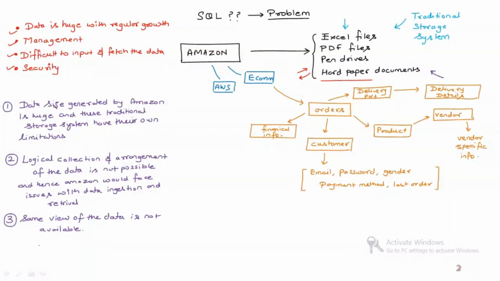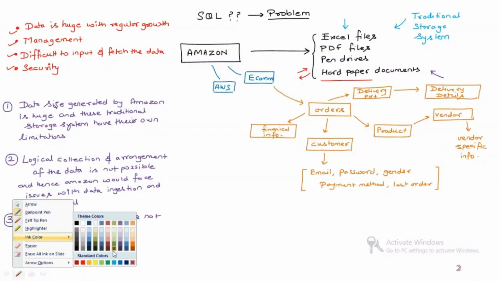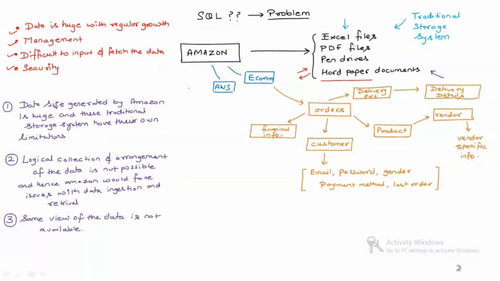So what is the meaning of the same view of the data not being available? Let's try to understand it. Let's say there are two employees. One person's name is Sumit, another person's name is Shreya. They both are working on a particular project, and let's name the project P. Now assume that right now we are managing all the information in Excel files.